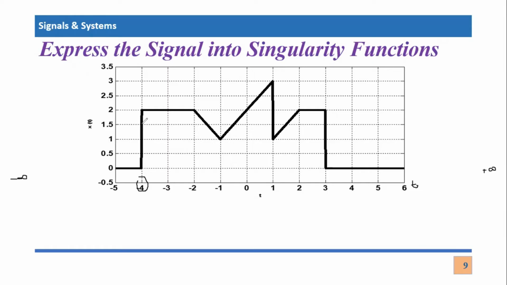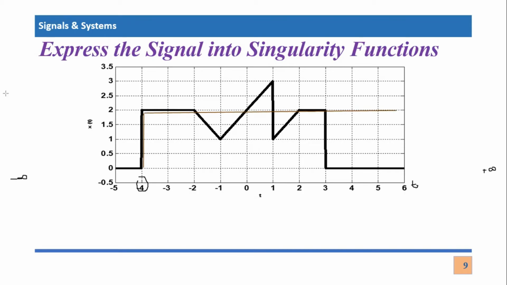Its behavior is like this. If I draw its behavior, let me use a different color so you understand it. This signal starts somewhere here, and if you follow it, this behavior is nothing but simply a step signal, right?